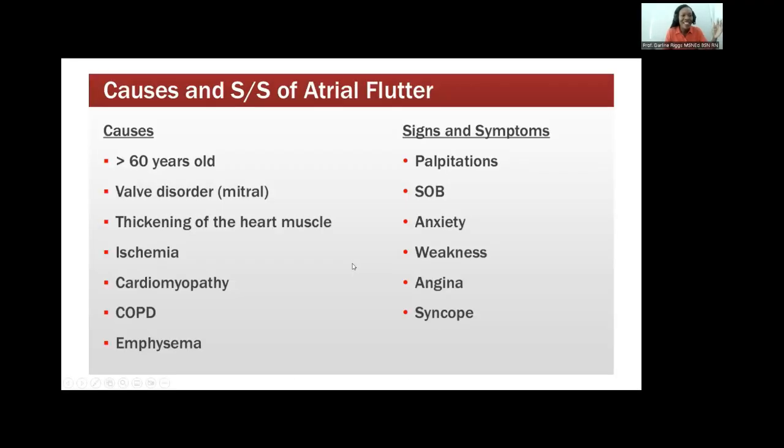So now let's look at signs and symptoms and causes. Sometimes this is just from getting old, non-modifiable. You cannot do anything about that. Sometimes it's a valve disorder, usually your mitral valve giving trouble. Sometimes it's the wall of the heart that has gotten thick.